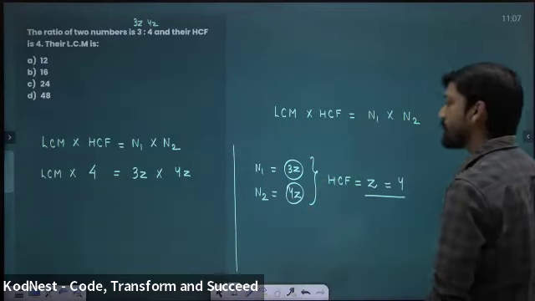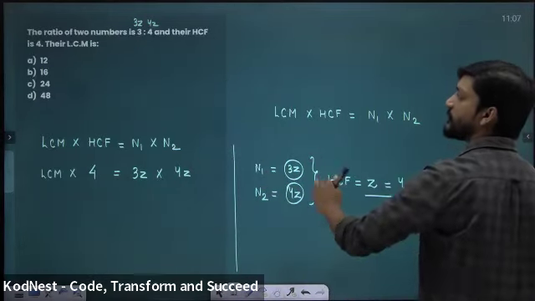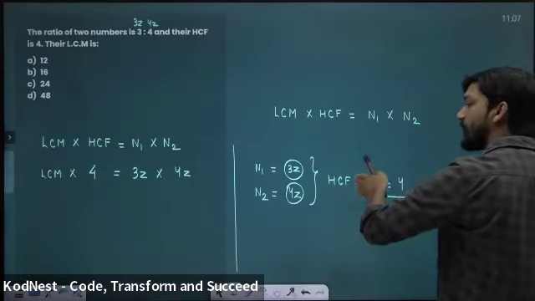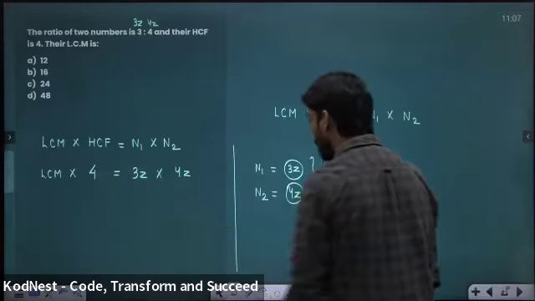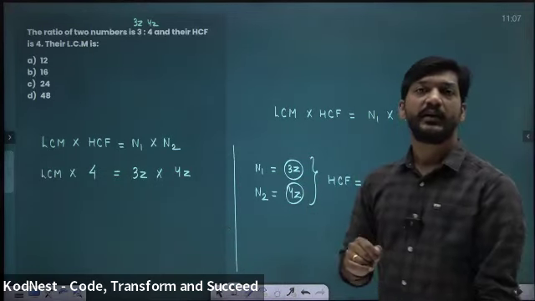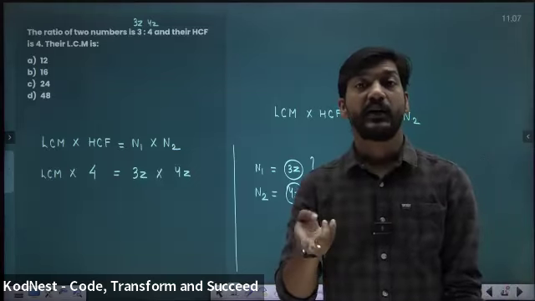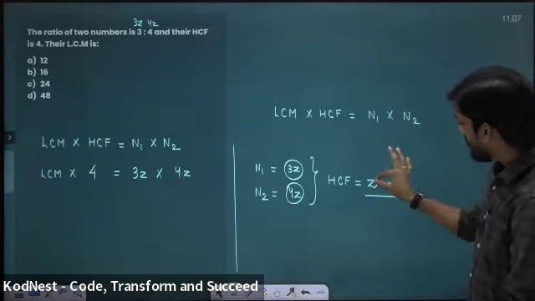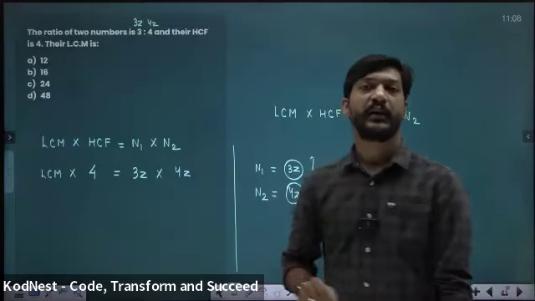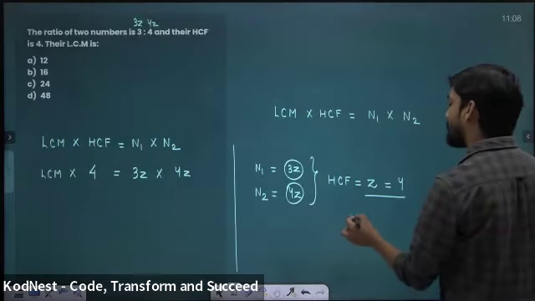So I will go to some other discussion. I will again take the numbers. I am calculating HCF because HCF is given. So what is highest common? Z is common. So Z is your HCF. If HCF is 4, that means Z equals 4. So Z equals 4, put it there, solve it. This will give you your answer very easily.